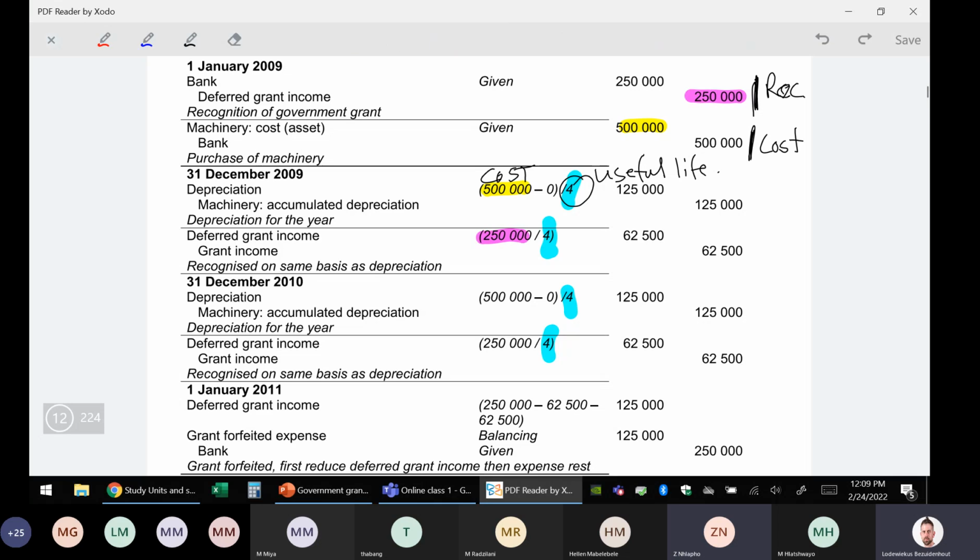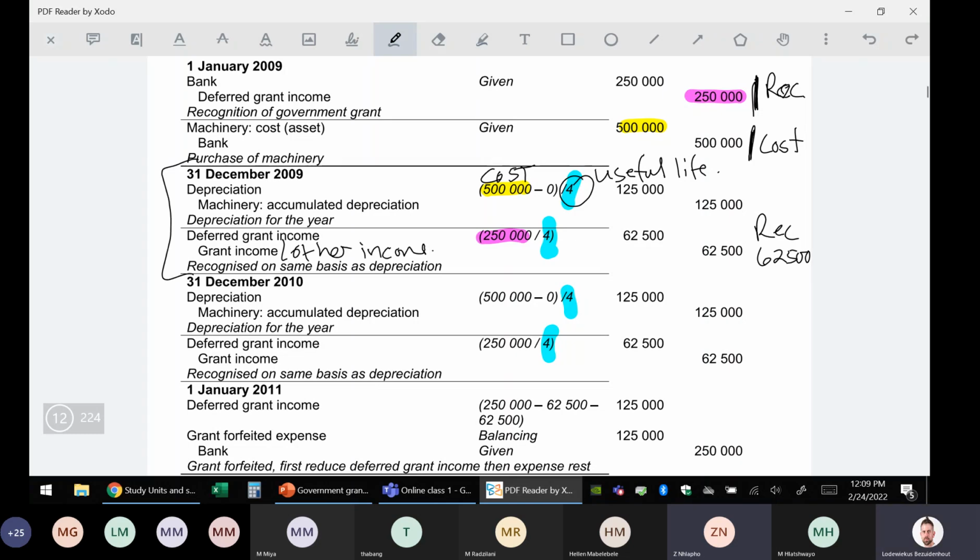So each year we will recognize 62,500 as a transfer from deferred grant income to grant income or other income. All right, that was 2009.